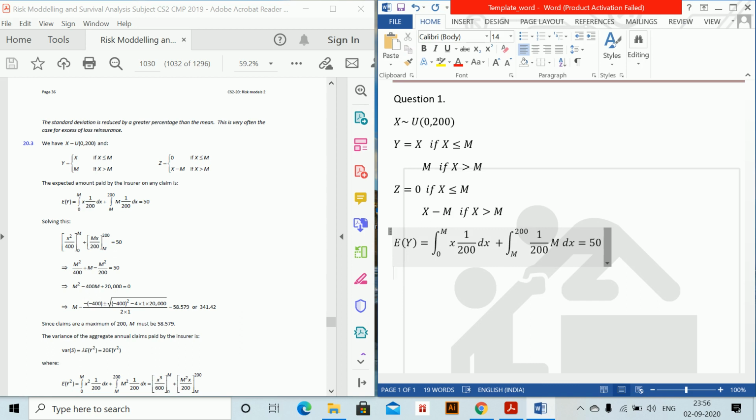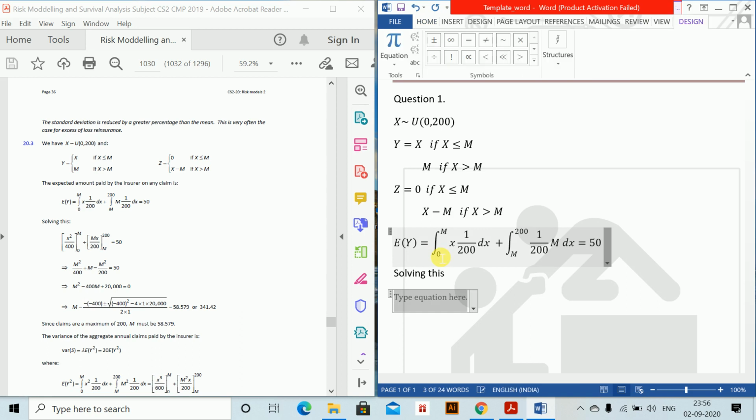So next, solving this, we have x squared divided by 400 from 0 to M, plus Mx divided by 200 from M to 200, is equal to 50.